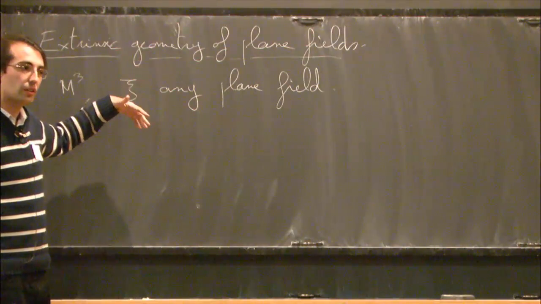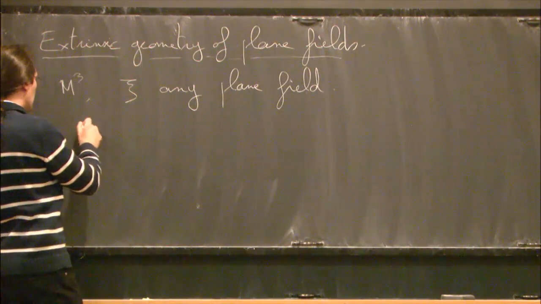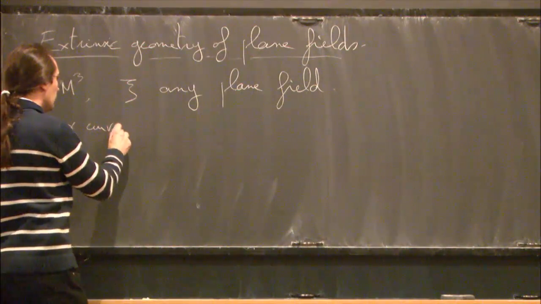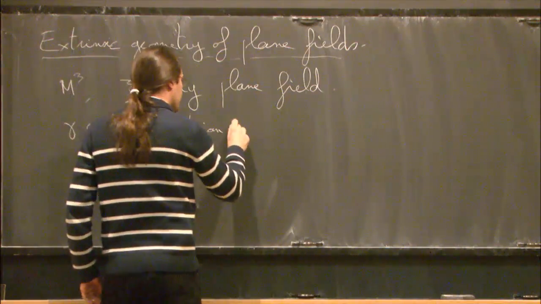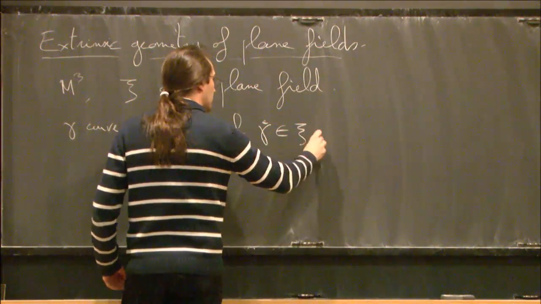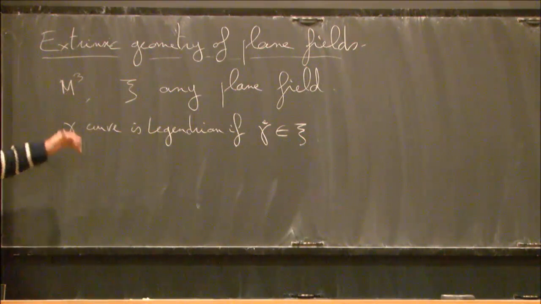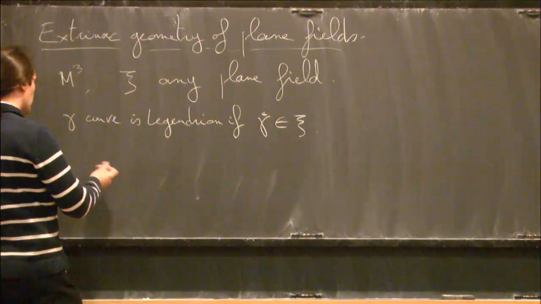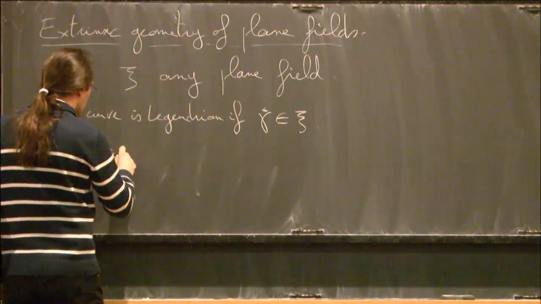I use the vocabulary of contact topology for everybody. So for instance, a curve γ is Legendrian if it's tangent to ξ, so the speed is in ξ. And I'll say Legendrian even if the plane field is not a contact structure. And I also use the notion of the characteristic foliation for every plane field.